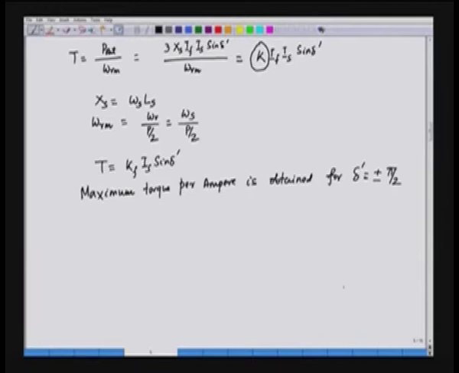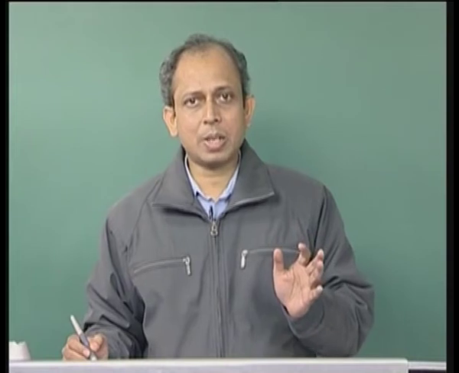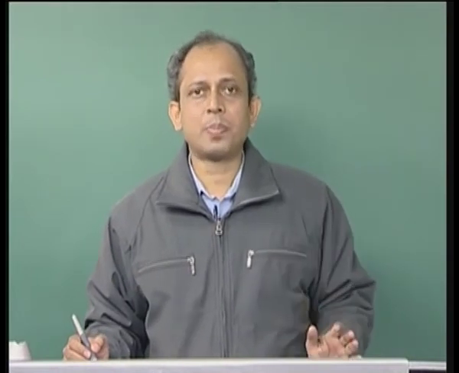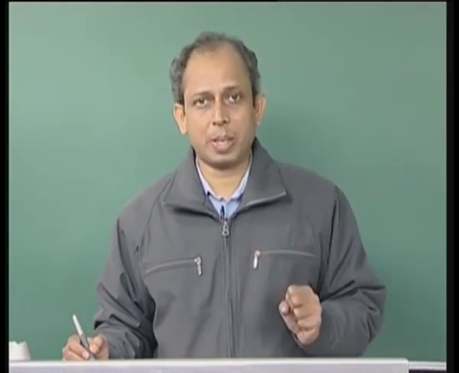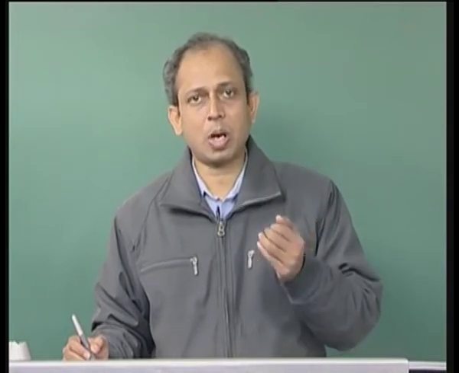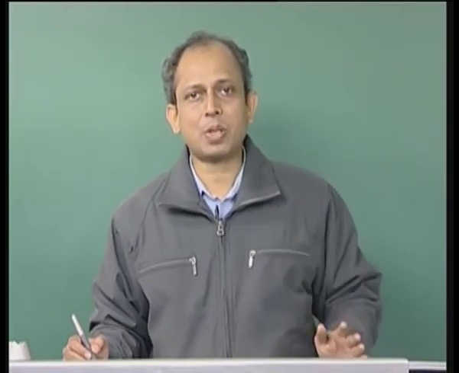So, T is equal to plus minus Kf into Is. So, let us see the phasor diagram when delta prime is 90. Delta prime of 90 is a preferred condition where we get maximum torque per ampere. So, torque can be maximized if delta prime is 90.